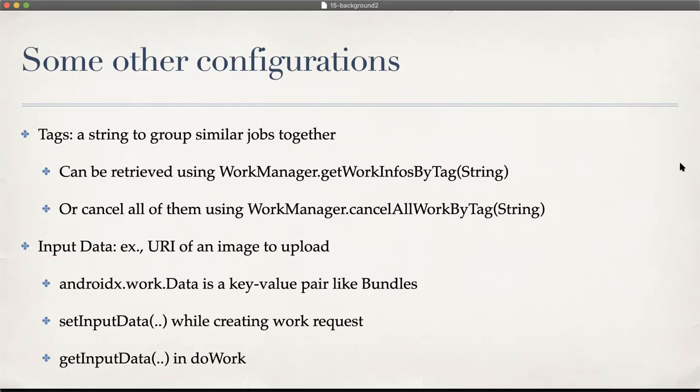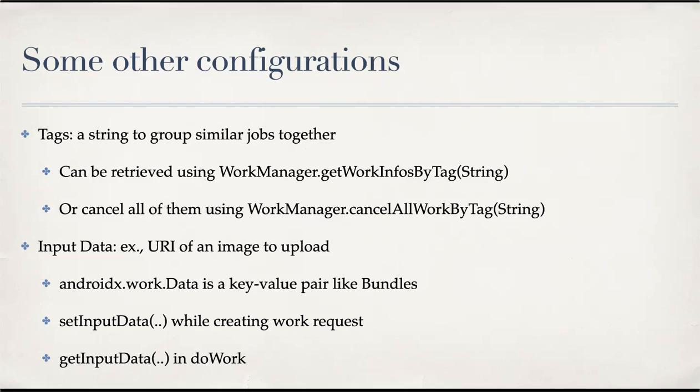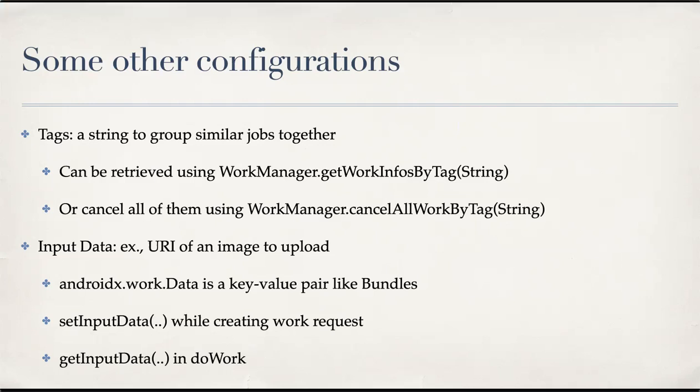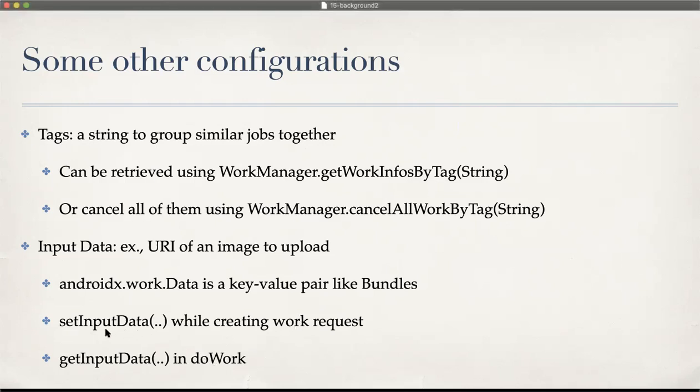So you can put serializable data on that, and you have set input data and get input data, very similar to get extras and set extras on bundles. Okay. So this data is then passed to that particular task. You can do the get input data in the doWork method and then work with the data over there.